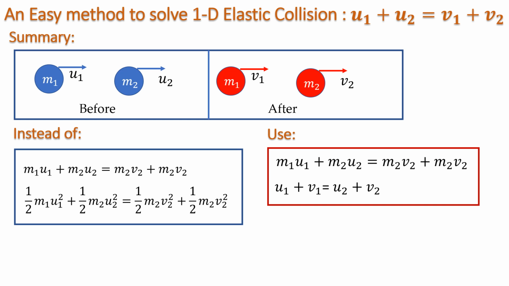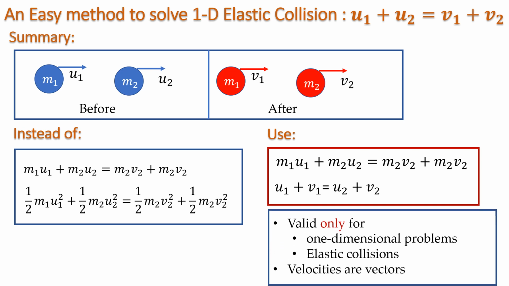This is a simultaneous equation which can be solved easily. Let us note that it is valid only for one-dimensional problems. It is valid for elastic collisions. Also note that velocities are vectors.